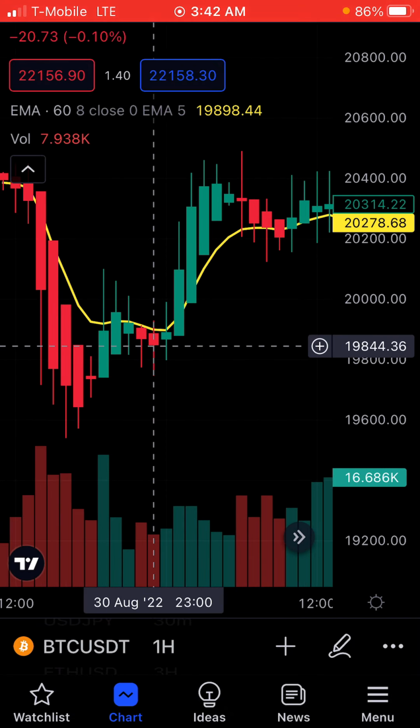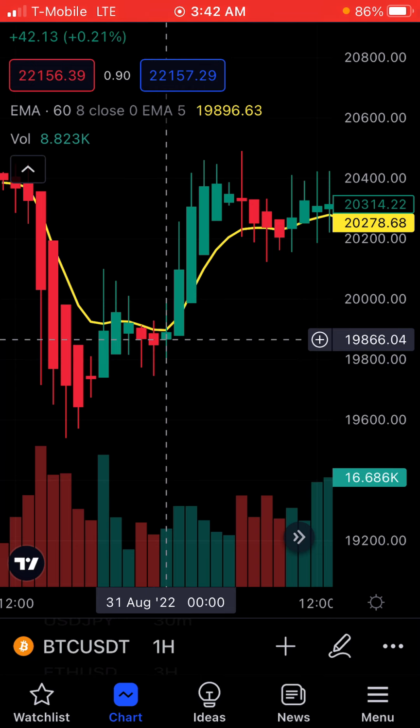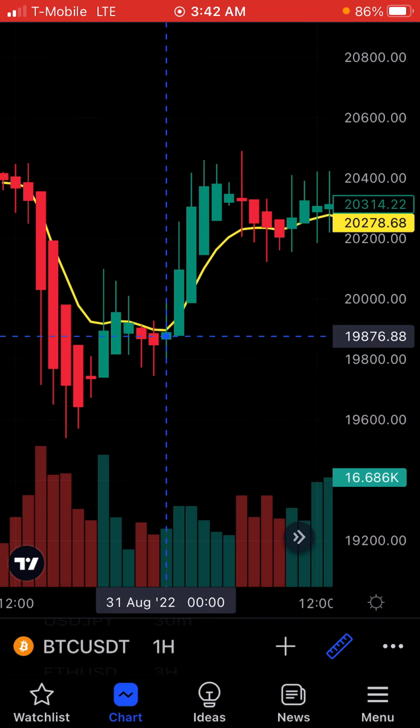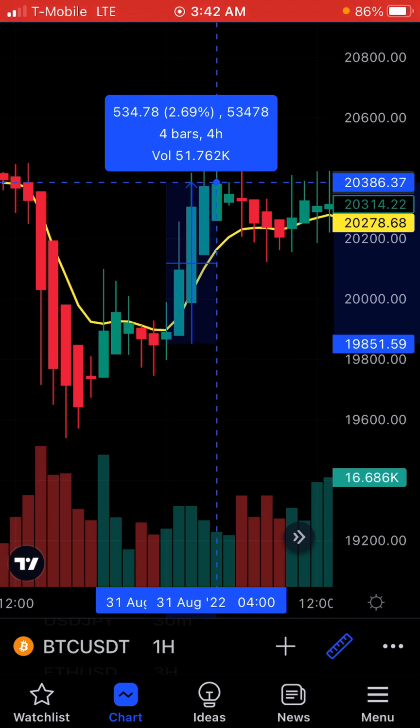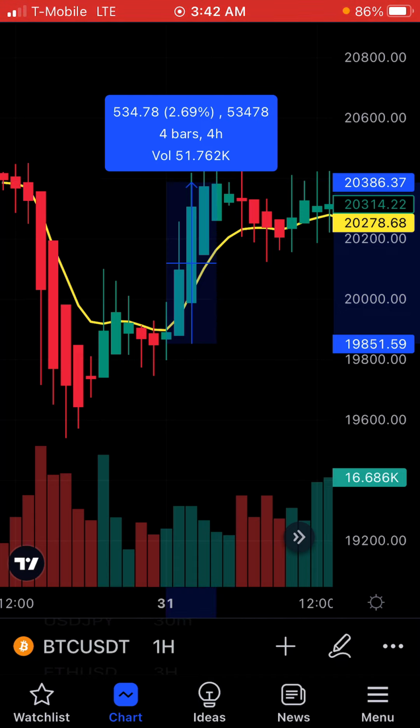We see a red bar, and then we see a green. 8,000 for the volume for the hour. Use your best judgment on the volume. So we rode that one out. Would have made a little over 2% in 4 hours.